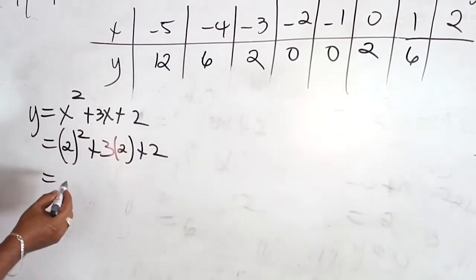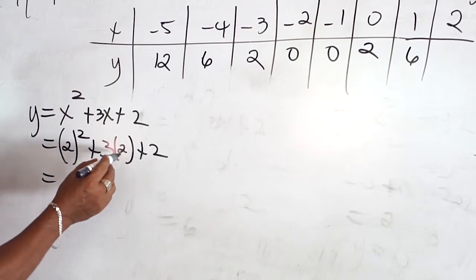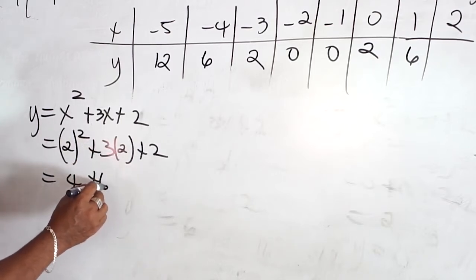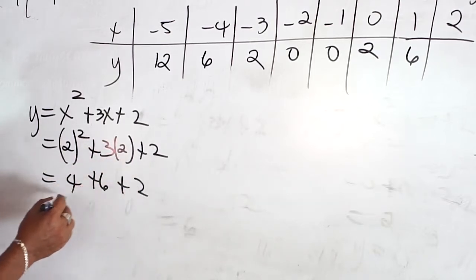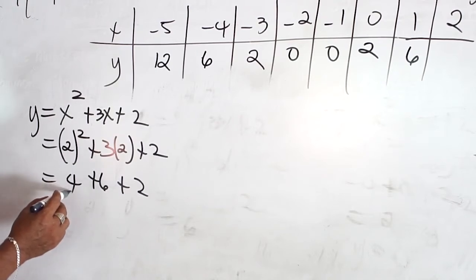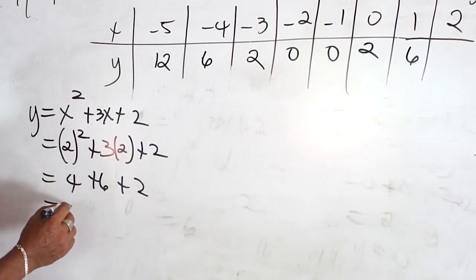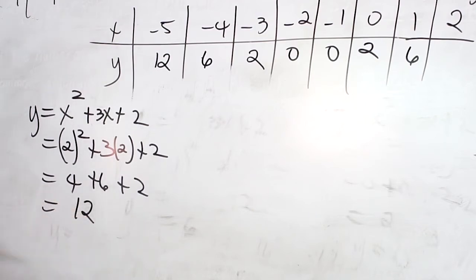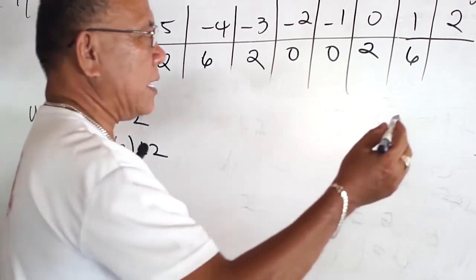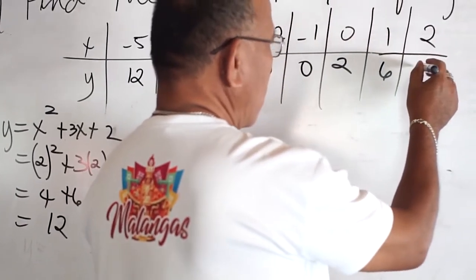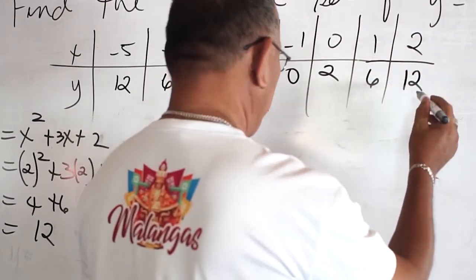The square of 2 is 4. Then 2 times 3 is 6, then plus 2. Then add 4 plus 6 plus 2 is equal to 12. Therefore the ordered pair is 2 and 12.